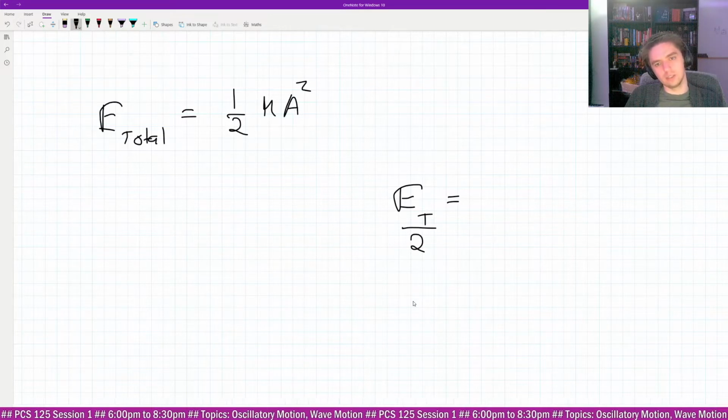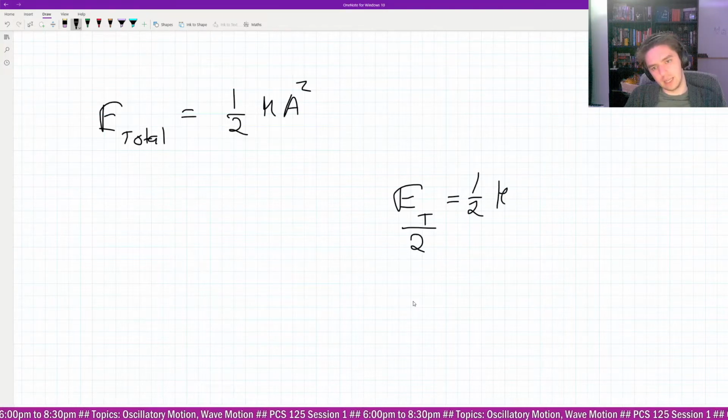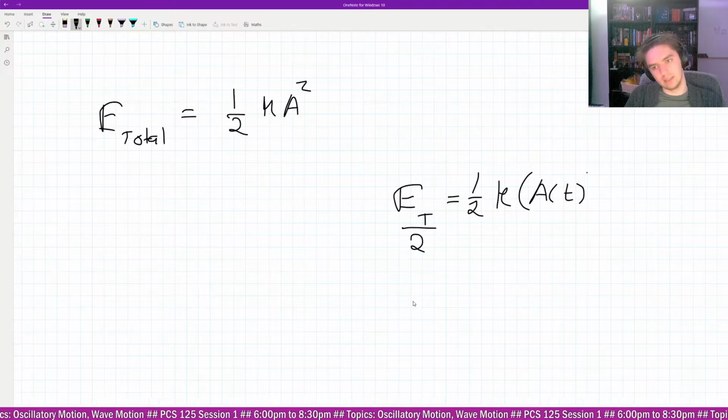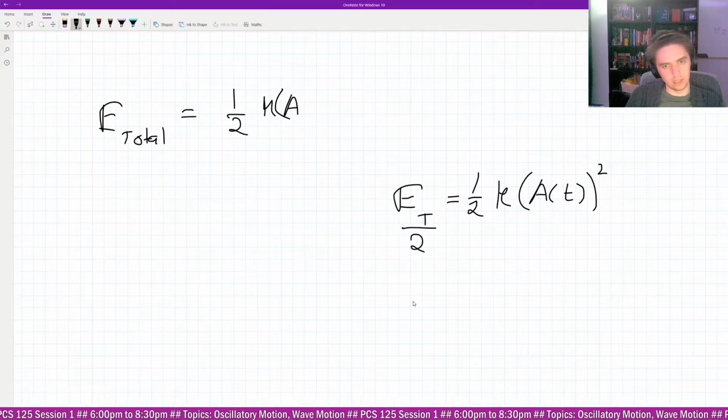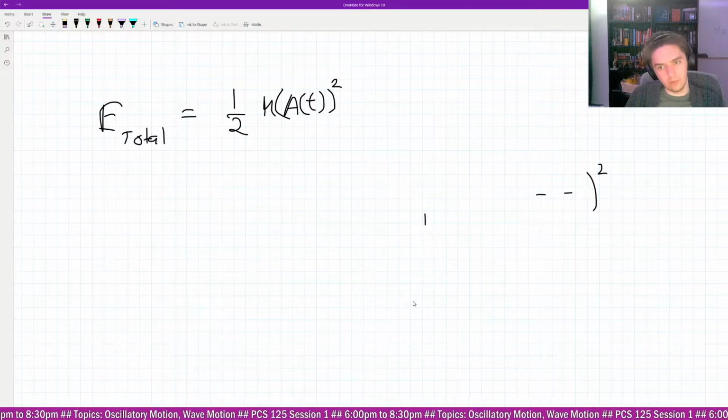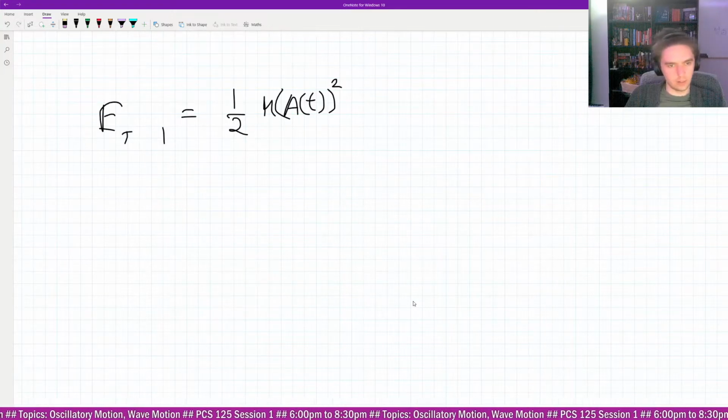As a function of time, it's going to be 1/2 k A(t) squared. Actually, I could have done that earlier, so let's do that here. This is A(t) squared. So now we know that E total is a function of time.